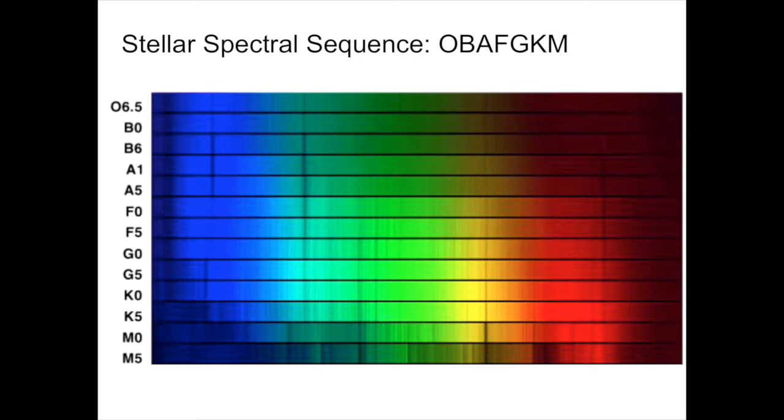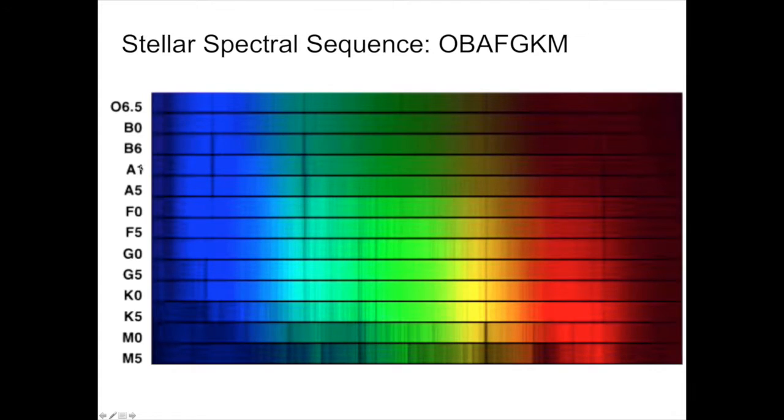This is the spectral sequence developed by Annie Jump Cannon. They're arranged in order from O, B, A, F, G, K, and M in the original Harvard classification. A subsequent analysis of the classification added a number, 0 through 9, recognizing that there were subtle differences between different types of stars that were classified as A, F, G, and so forth.